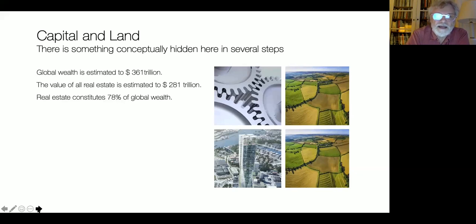But when he started to talk about this, he immediately subsumes land into capital, for the reason that it's so difficult to actually estimate and describe the value of land. Not the property value, which often can be seen in the market when we sell land, but the land in itself is rather difficult to estimate.